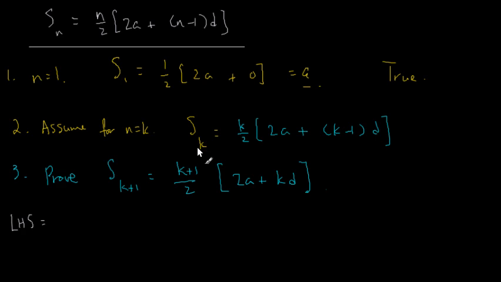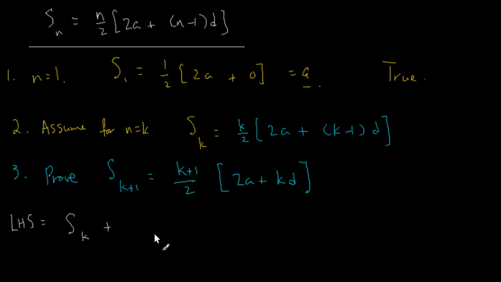How can we make use of, say, S_k, the sum of k terms? Well, we have to think of how this is related to the sum of k plus 1 terms. And the relation is quite simple. The sum of k plus 1 terms is the sum of k terms plus one more term.